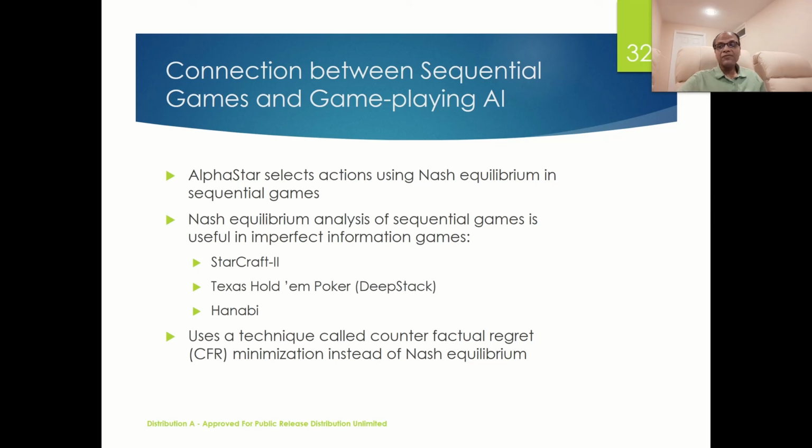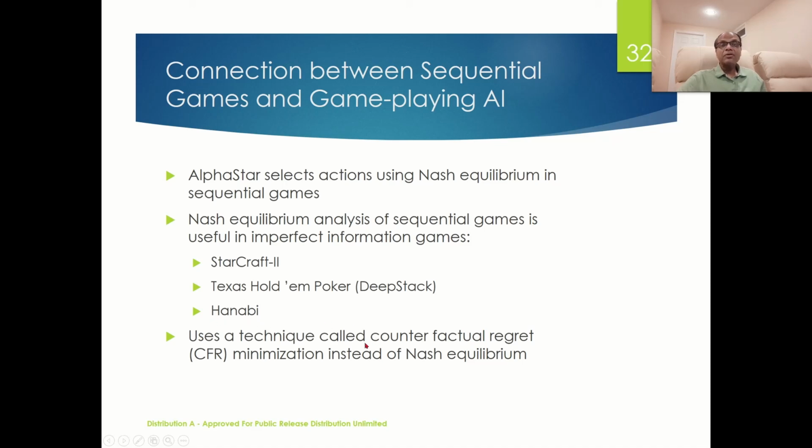After AlphaStar for playing StarCraft 2, there has been very recent research for playing Texas Hold'em poker, which is also an imperfect information game because you cannot see the hand that your opponent has. There's an algorithm called DeepStack. You can look this up on the internet. DeepStack was used to solve Texas Hold'em poker. Another game called Hanabi is also an imperfect information card game.